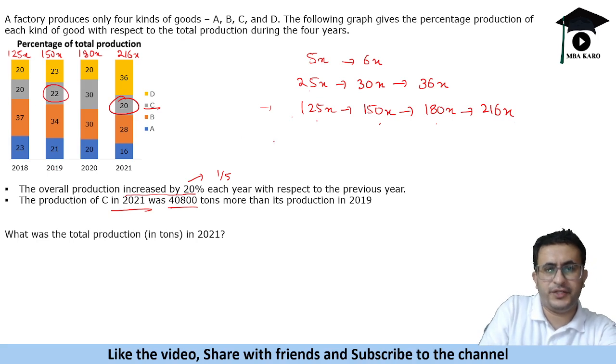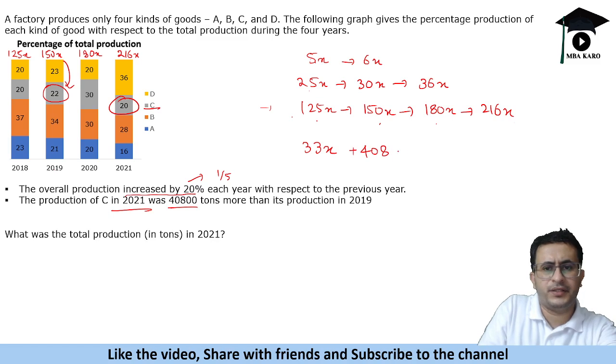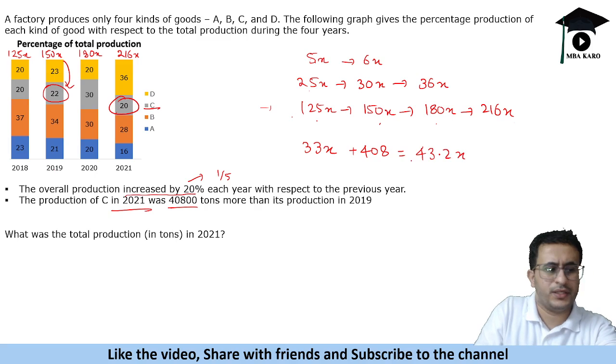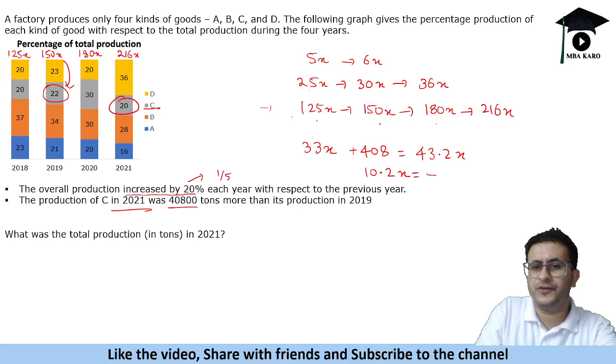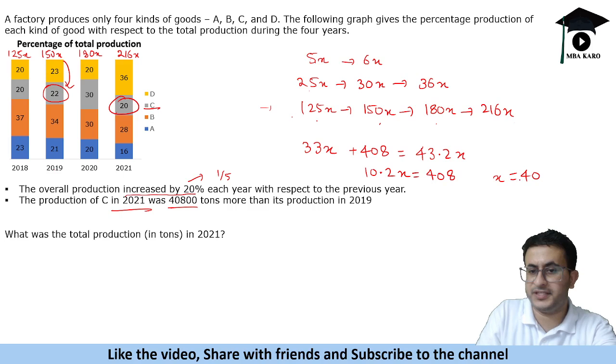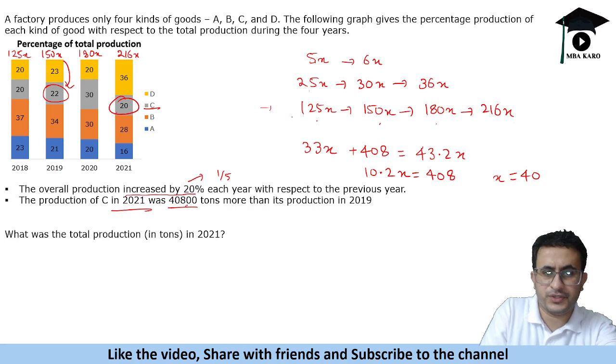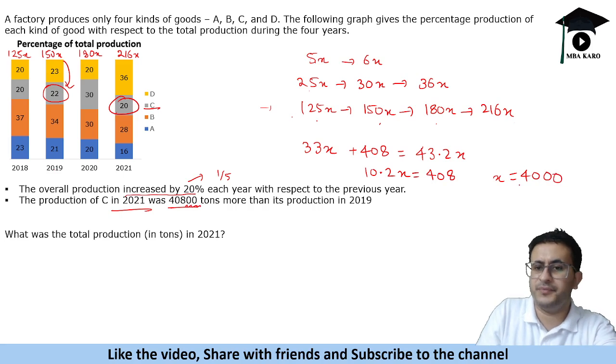So if you calculate 22% of 150x, this is 33x, and plus 408, it becomes 22% of 216x, which is 47.52x... so 10.2x is 408. Okay, so x becomes how much? 40 times, right? 102 into 4, since one decimal is there, 40. We had removed 2 zeros here. Okay, so x will actually be 4,000.